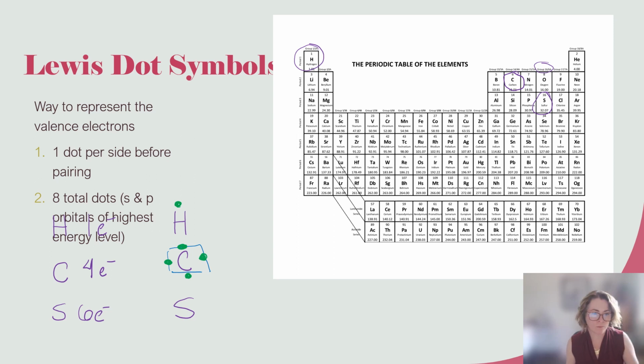And I'm going to put my dots around the sulfur, 1 at a time, one on each side of the box. And now once I've hit 4, since I have 6 electrons, I have to go back and put 2 more in. And that is how you draw a Lewis dot symbol.